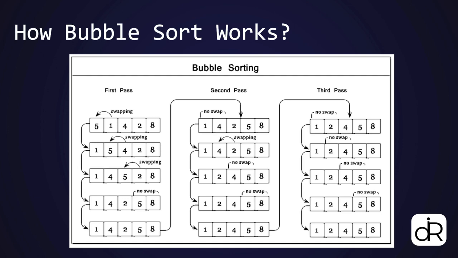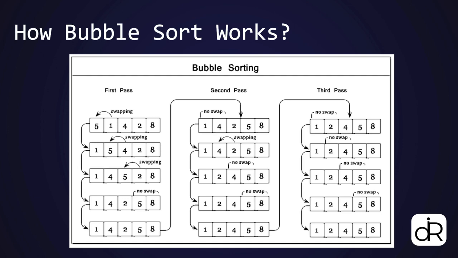We get 1, 2, 4, and then we compare 4 with the 5. Here there is no swap, because 5 is already greater than 4, so no need to change anything. The same thing applies for the fourth table in the second pass, and for the last table.